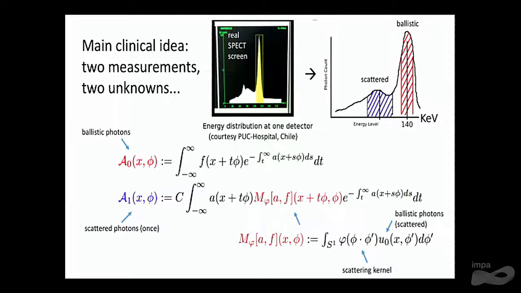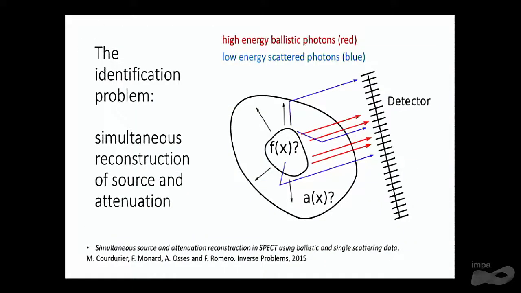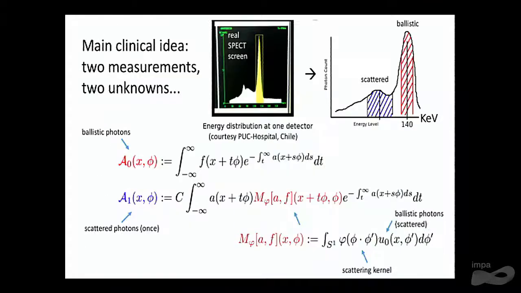You have the red source directly, and then you have the blue source, which is after one scattering. So mathematically, it means you have to integrate twice. This is a typical decomposition you can do with the first scattering, the second scattering, etc.